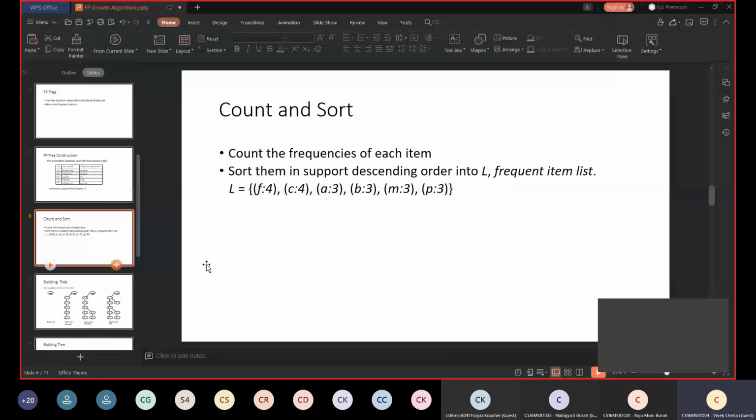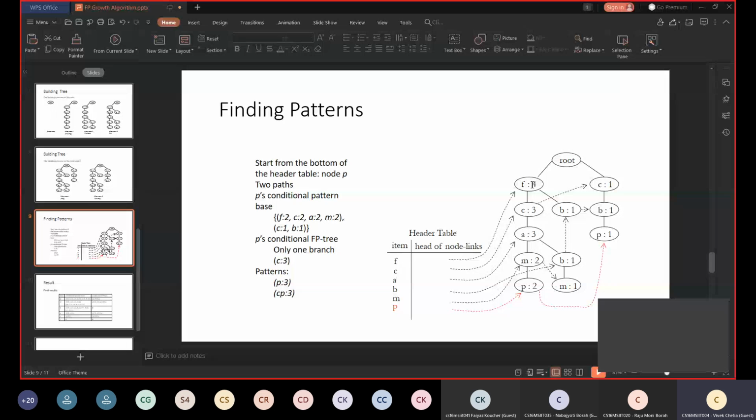Now within these two sets, what is the common item? The only common item is C. So in the conditional FP tree we have C, and here is C2 and here is C1. We add both, which results in C3. So the patterns will be P itself and CP. This way we will generate the patterns.